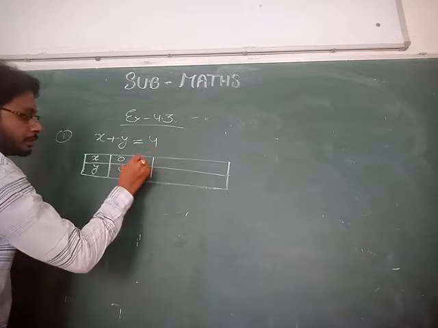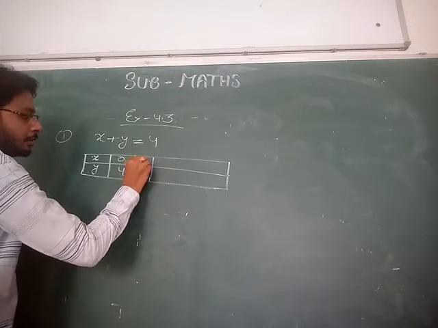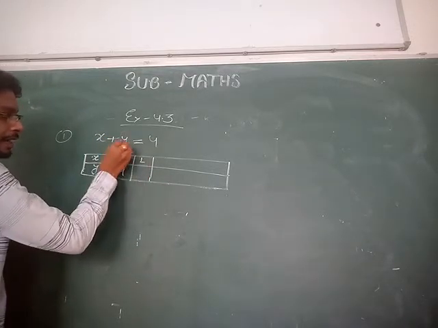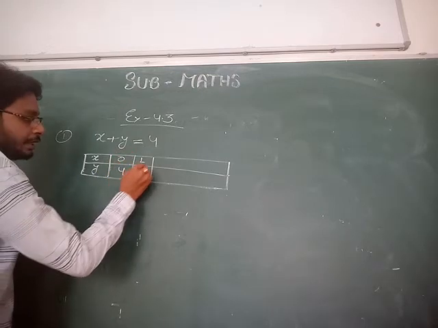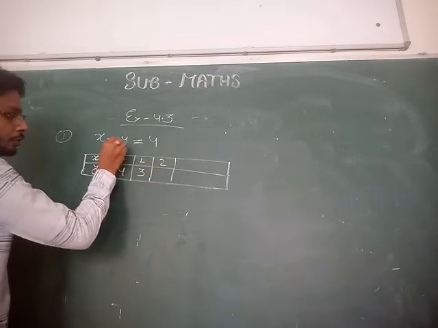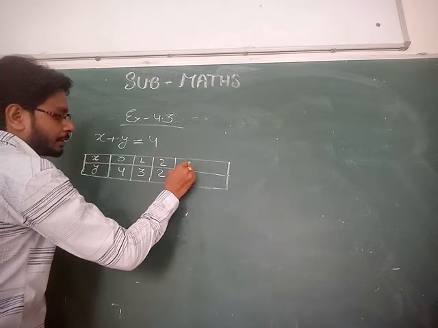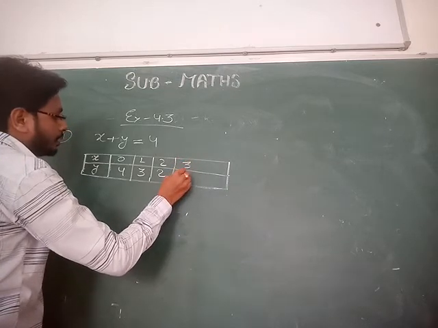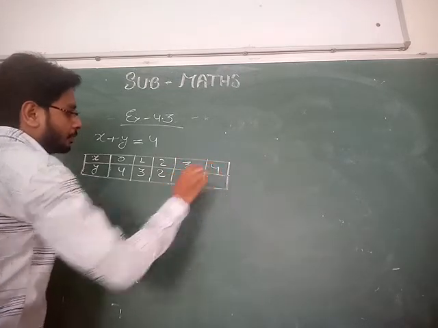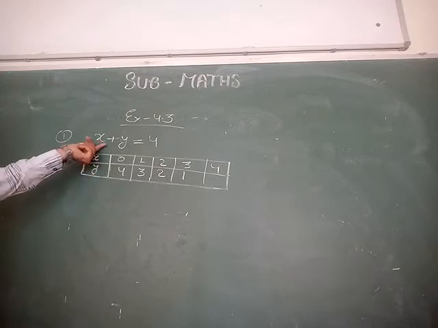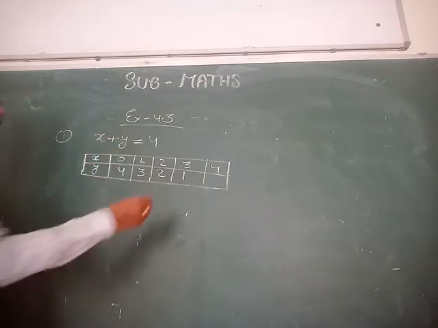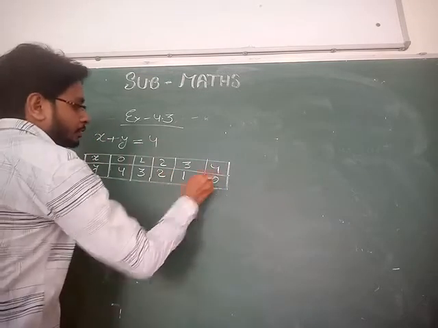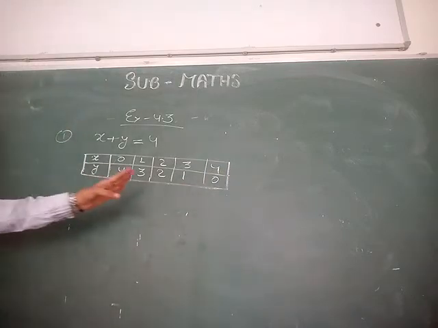When you put x equal to 1, you will get y equal to 3. At 2 you will get 2. At 3 you will get 1, and when x is 4, then y is 0. These are the solutions.